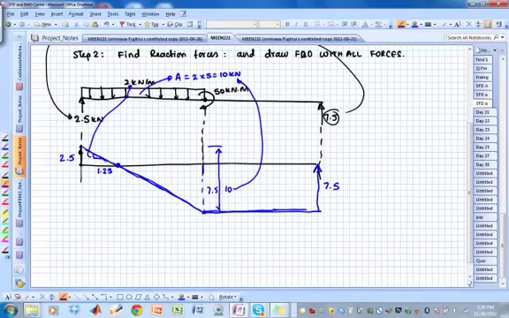And the area under this curve, A1, is plus 2.5 times 1.5 divided by 2, which turns out to be 1.56. And the area here is minus 12.5.